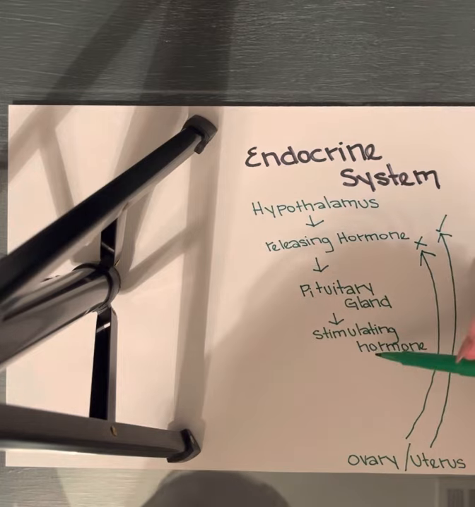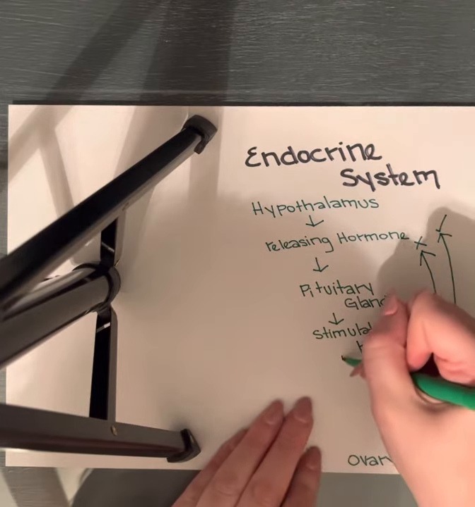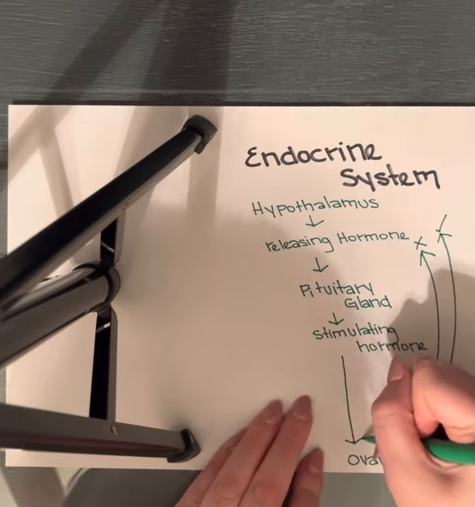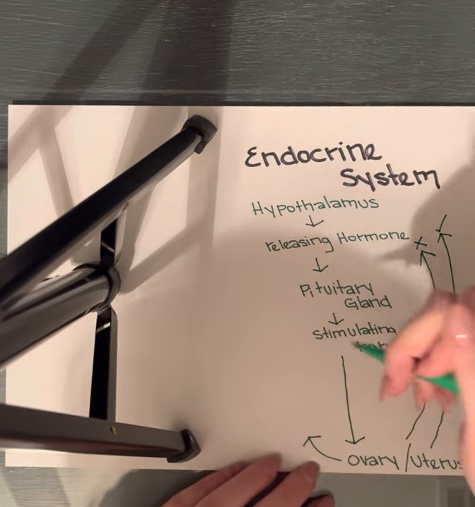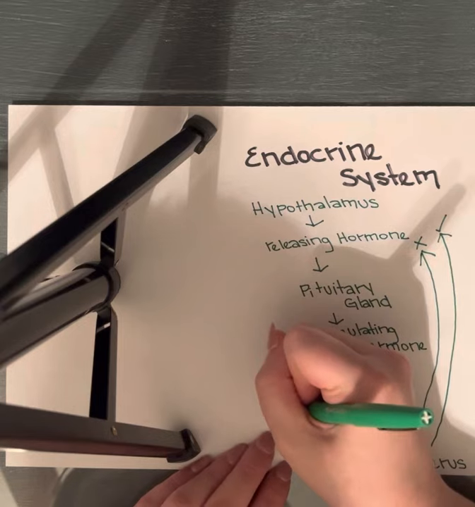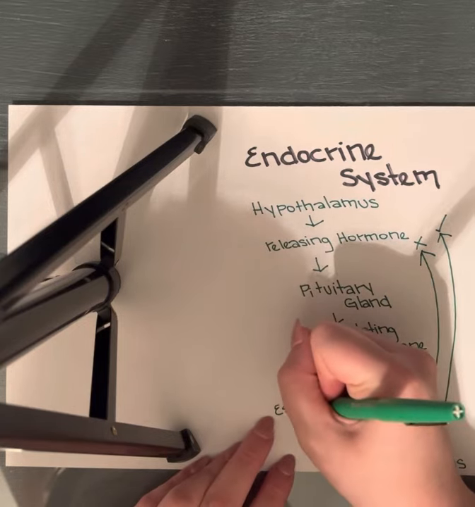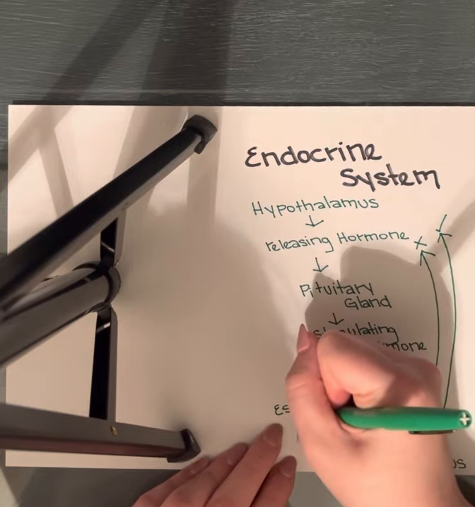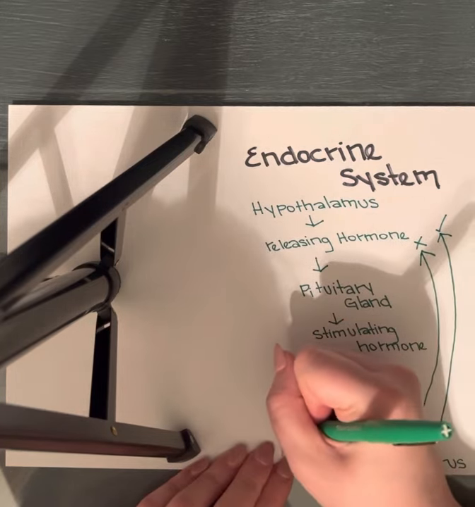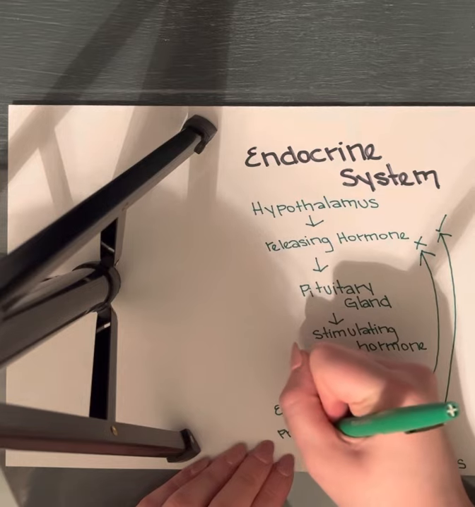The stimulating hormone then travels to the ovary. And then the ovary releases estrogen and progesterone.